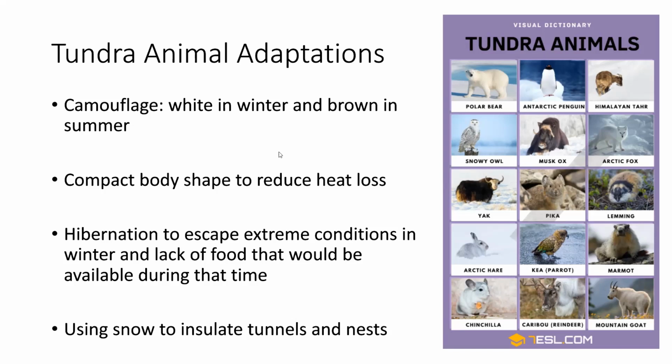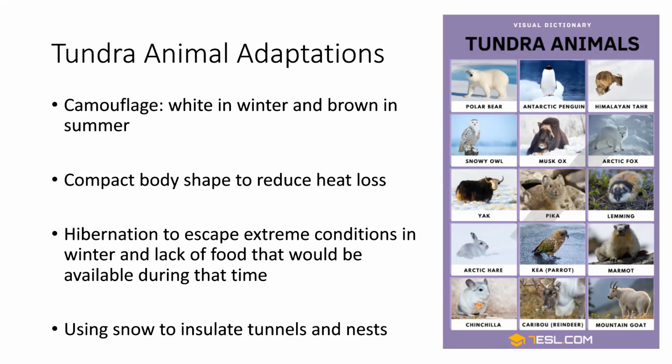And then in terms of the low temperatures, the shape that these organisms have is often a more advantageous shape in terms of retaining body heat. The polar bears, for example, have smaller ears just so they don't lose as much heat through their ears. The animals are going to adapt to have a thick fat layer to help keep them warm.